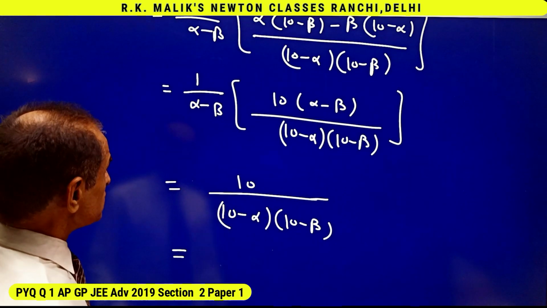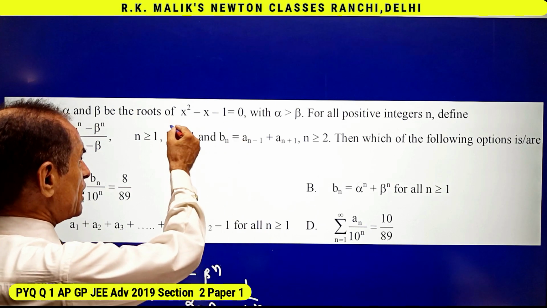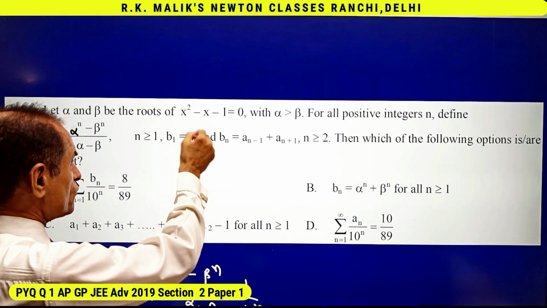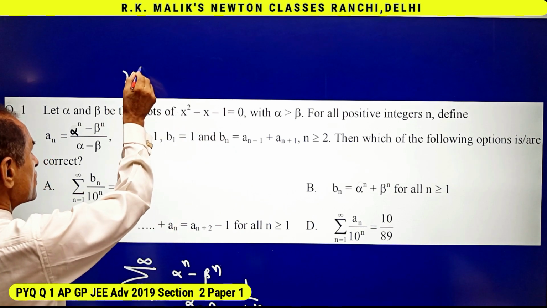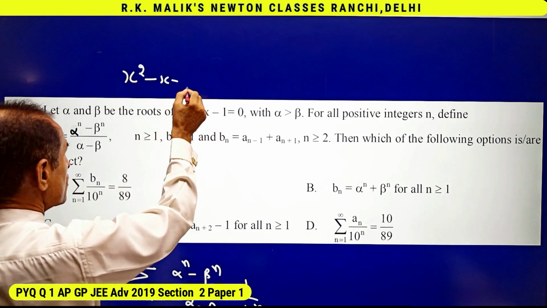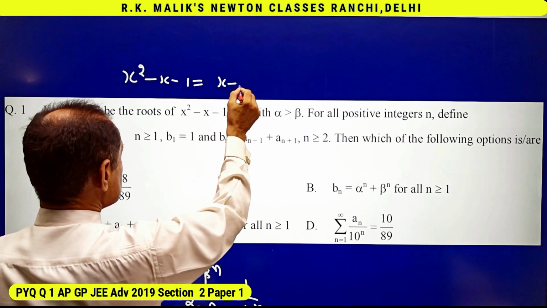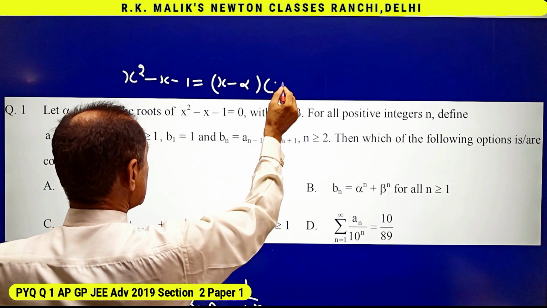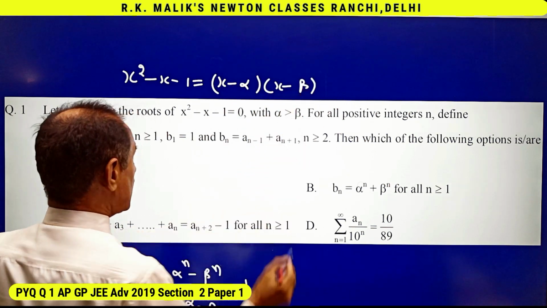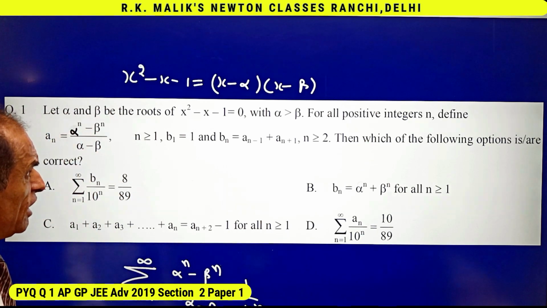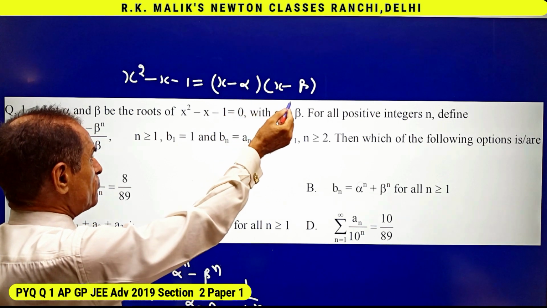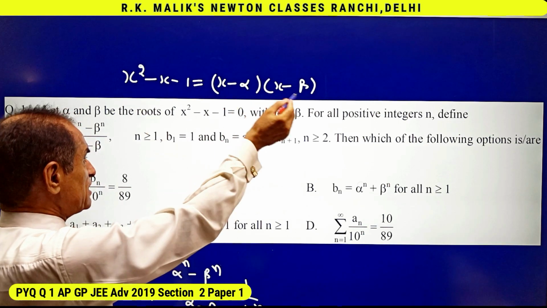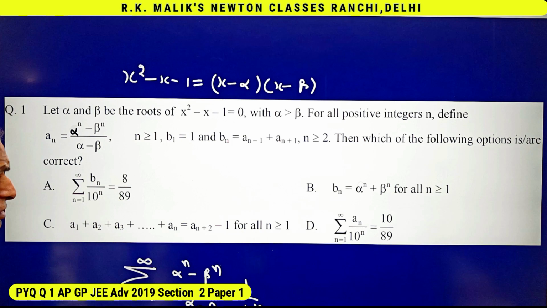To find the value of this, because I know that alpha and beta are the roots of this, hence this can be written as (x minus alpha) into (x minus beta). And if I want to find the value of (10 minus alpha) into (10 minus beta), put x equal to 10 in this equation.